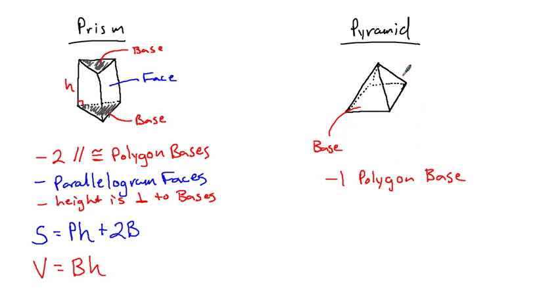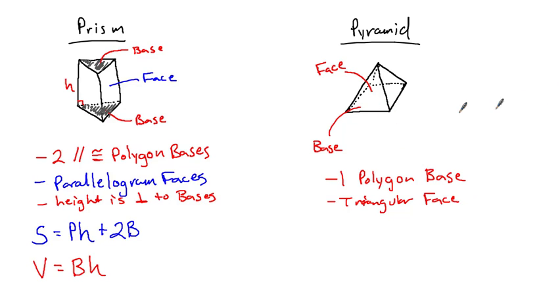It has triangular faces, so face. And I know this is not great labeling, so label it however you need to do it to have it be a good visual for you.